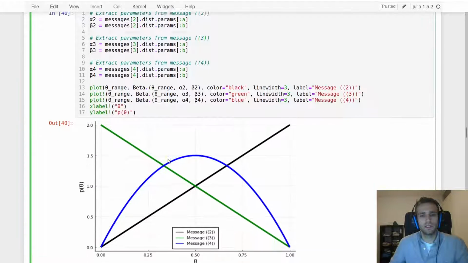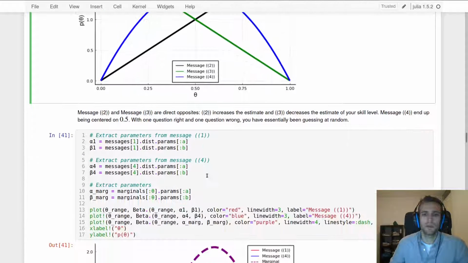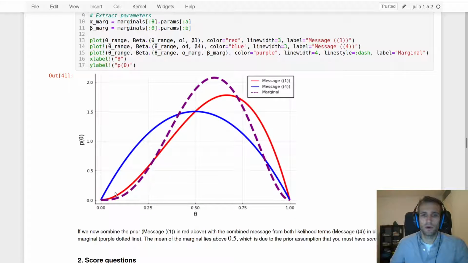So if you visualize these messages, this black line is the same right answer distribution as before. The green line is its mirror because you got the question wrong, and the renormalized product of those two produces this fourth message, which is symmetric around this 0.5 value. And then if we visualize the prior, which is this red one, you can see it now favors it.